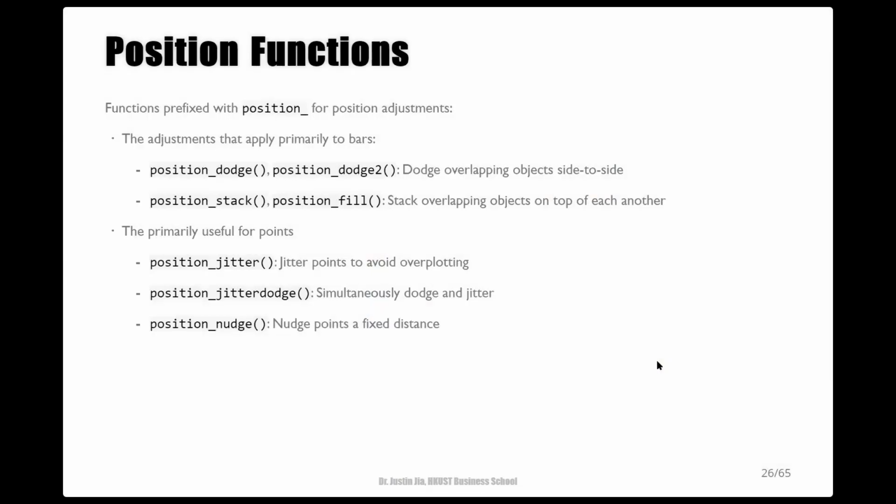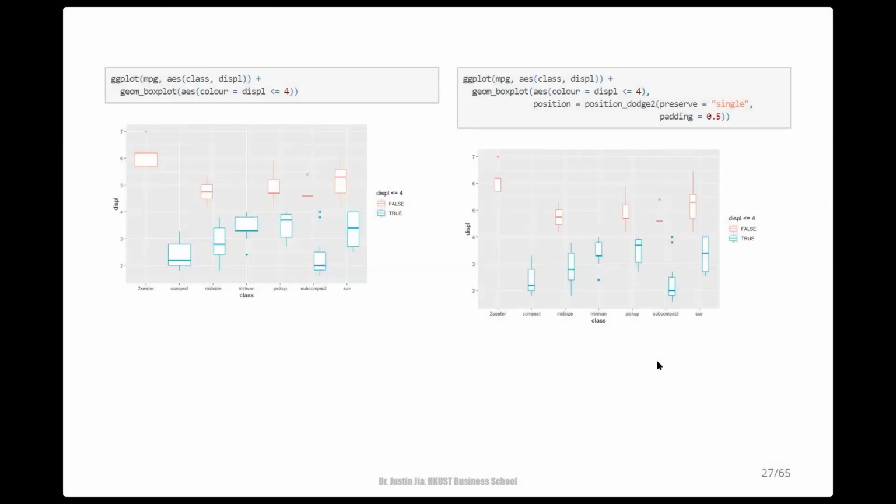ggplot2 also provides a set of position adjustment functions to give us fine-grained controls over positionings of different types of elements. In this example, I create a box plot and map class to x and displacement, or engine size, to y.